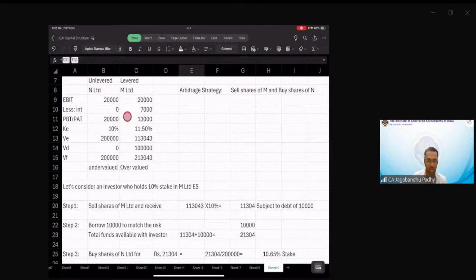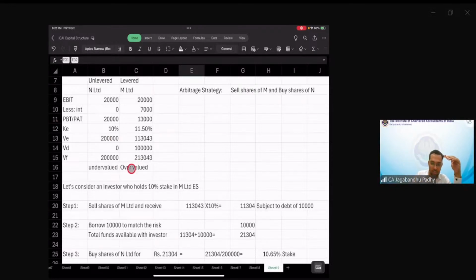If this is happening, what will happen to the share price of M Limited, guys? If investors are going to shift from levered company to unlevered company, what will happen to the share prices? M Limited share prices will go down. What will happen to the share prices of N Limited? Share prices of N Limited will go up. So one company's share price will increase, the other company's share price will decrease.